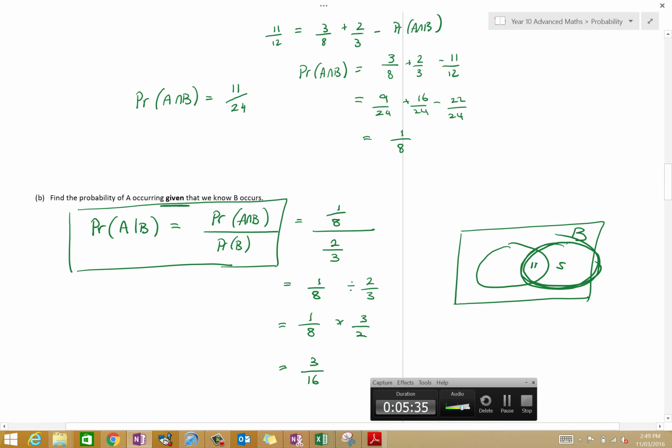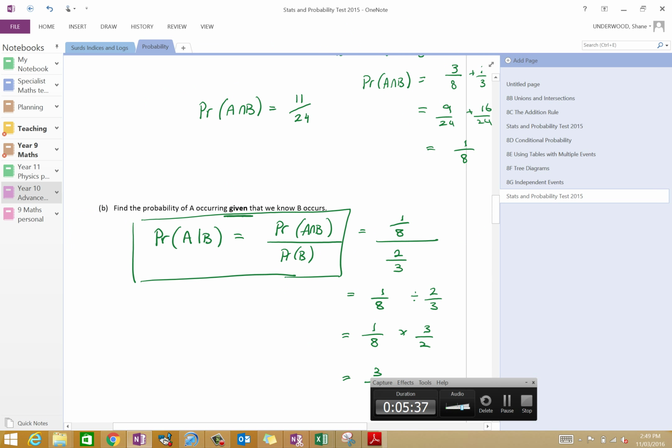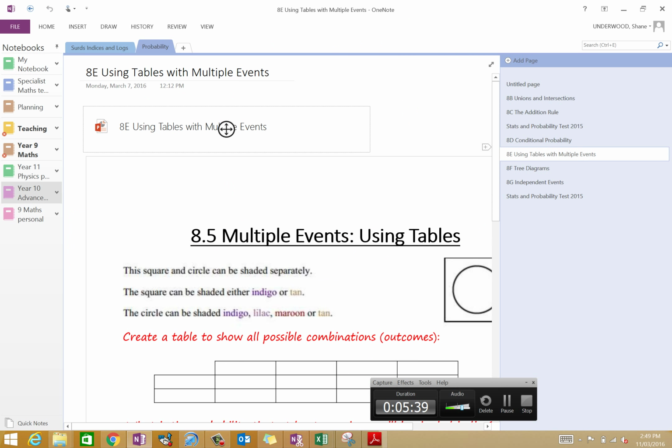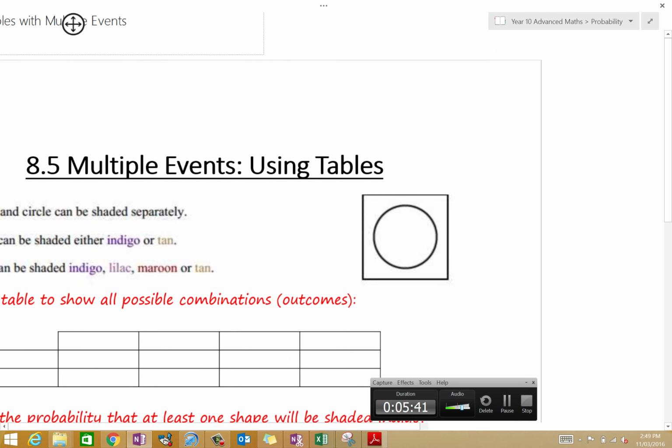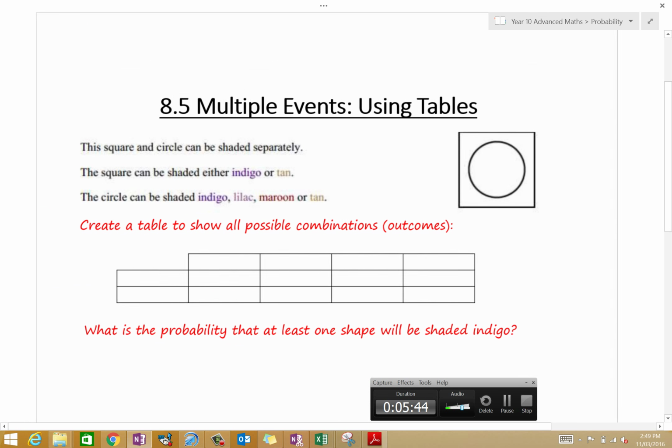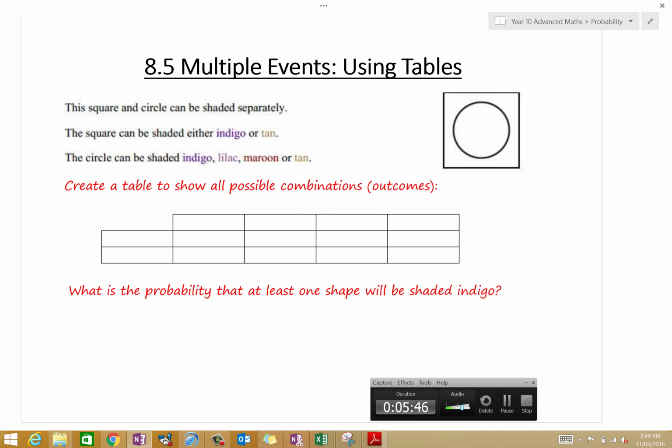All right. Now, let's have a look then at tables using multiple events. Now, we've used the two-way tables, but in this case, let's fill this out. In this example, we've got a square and a circle. Both can be shaded separately. Now, as you can see, we've got two separate events here.